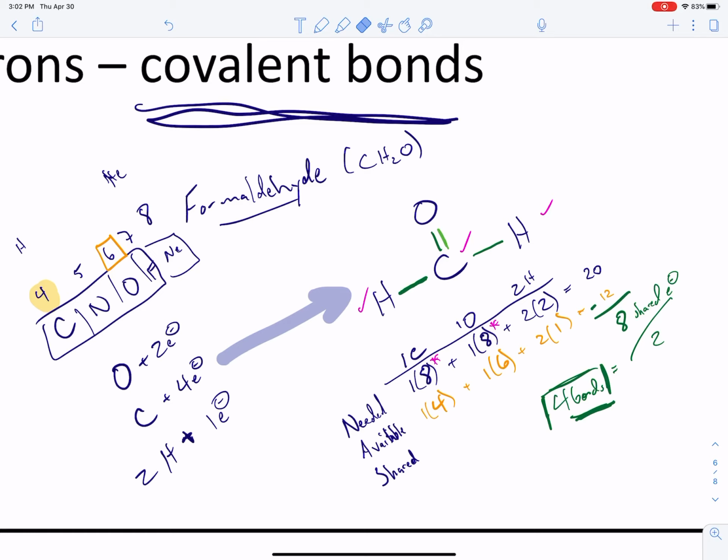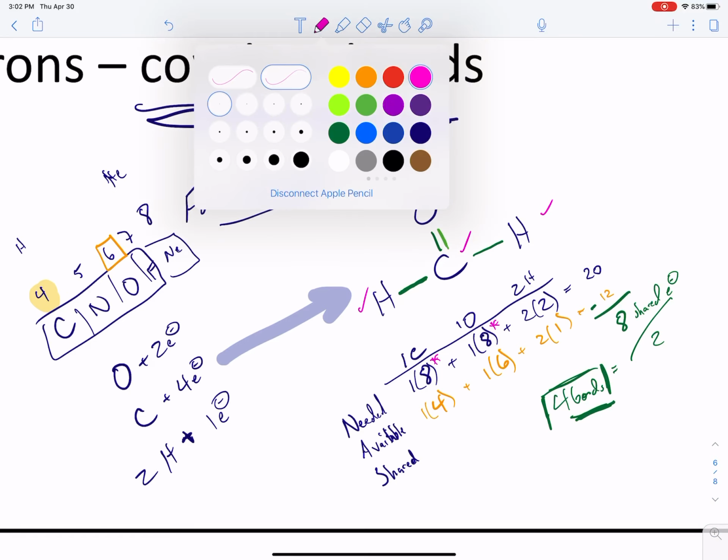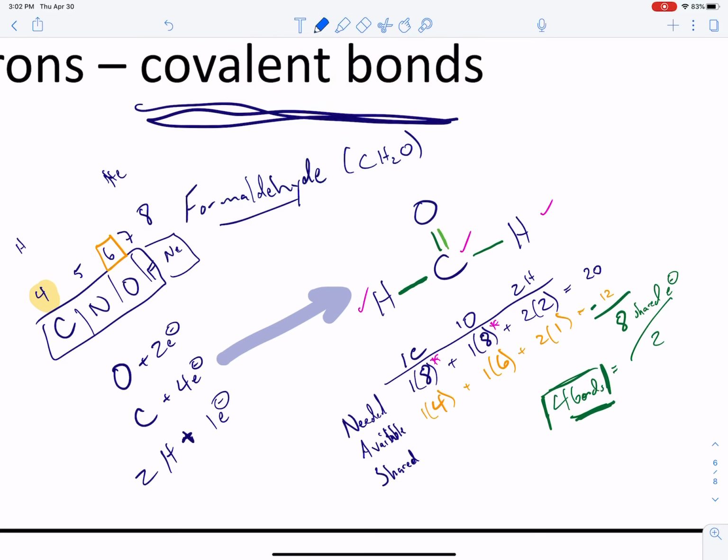What about the oxygen? What we do is we look back at how many electrons we actually have available. We look back at this right here. We have 12 available electrons, and currently we only have 8 showing. So we take the other 4 electrons and put them right next to that oxygen. They always are in pairs because it's awkward to dance by yourself.